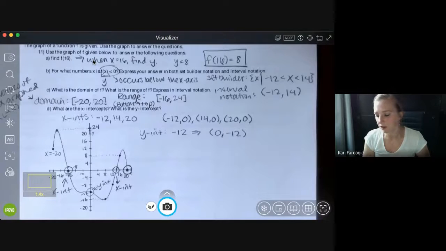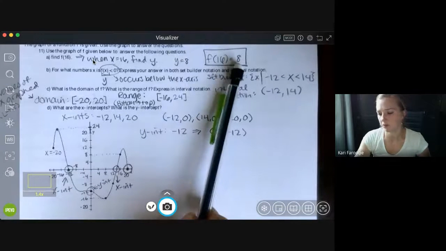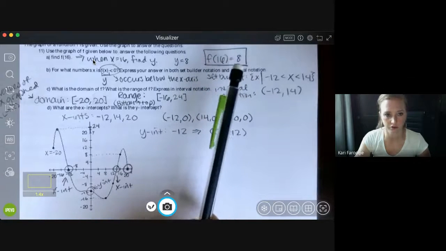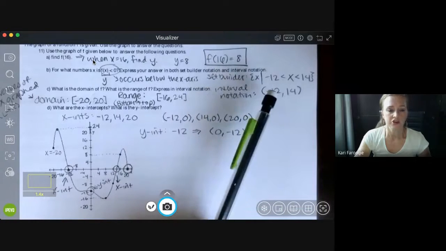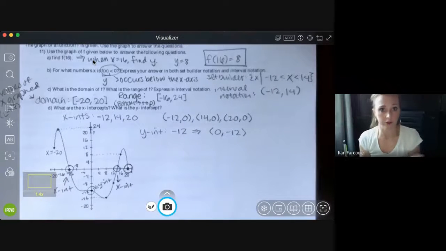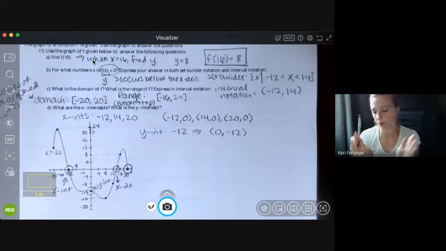So yeah, now that you've asked that question, I can see that there was a lot going on with this. The answer for A is just a number. You'll be given f of 16 equals, and then you just find the number. For B, we use two different types of notation, and we were talking about a range of values between this number and that number.